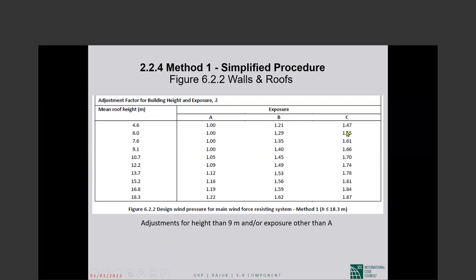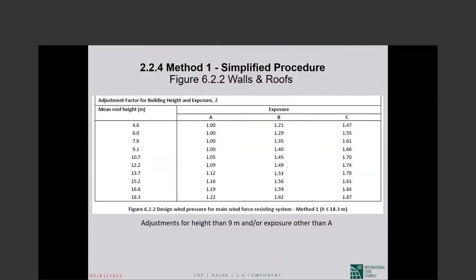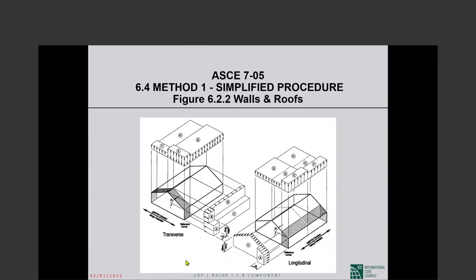If you have exposure C and a mean roof height of 30 feet, and 30 feet is 9.1 meters, or a mean roof height of 13.7 meters, exposure C, then all the PS30 values have to go up 78%.